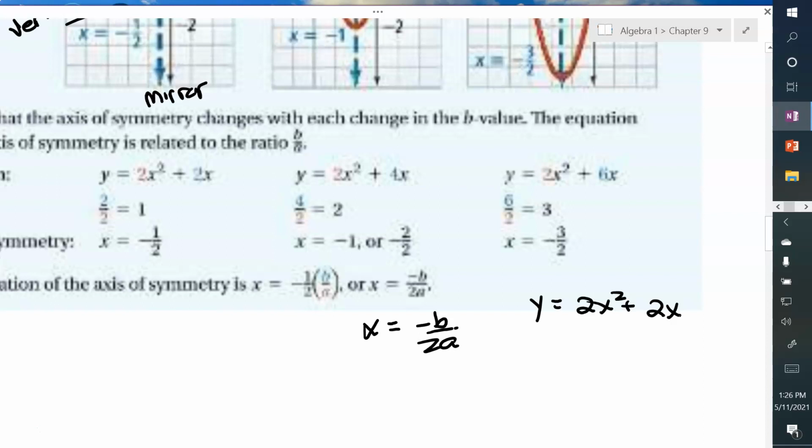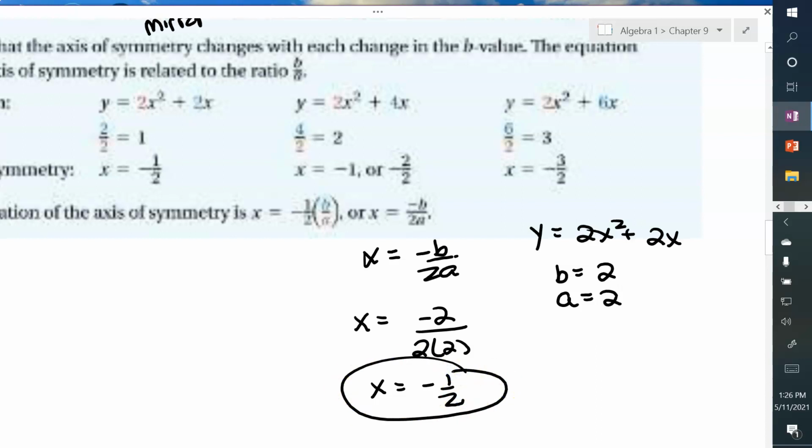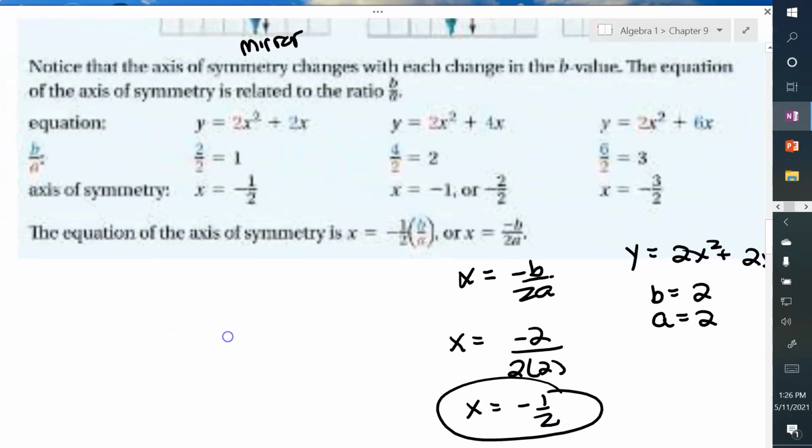We have b equals 2 and a equals 2. So my axis of symmetry is going to be x equals negative 2 over 2 times 2, so x equals negative 1/2. We can do the same thing for the other 2 graphs, and then we'll get where those axes of symmetry are.